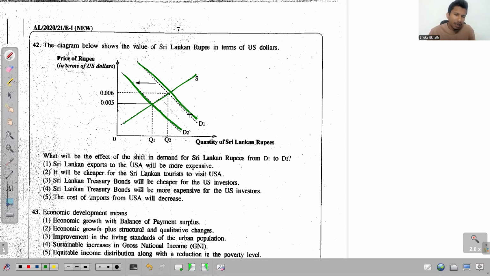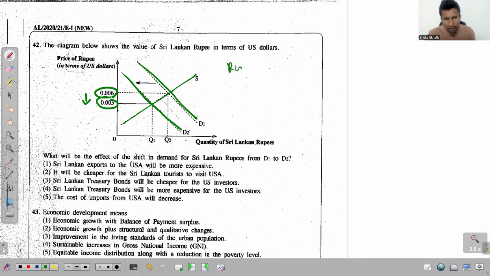And secondly, see what has happened to the rupee demand. Rupee demand has decreased so that the demand curve has been shifted to the left side. Okay, so as a result of this shift of the demand curve, what has happened? Previously, the price of 1 rupee in terms of dollars was 0.006, but now the price of 1 rupee in terms of dollars has decreased, and this we recognize as depreciation of rupees.